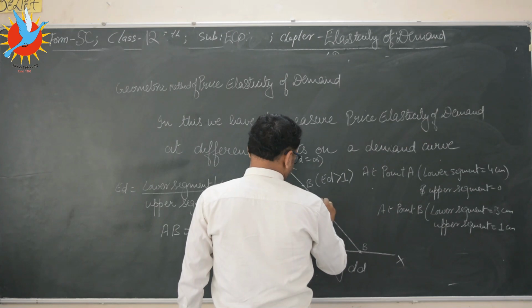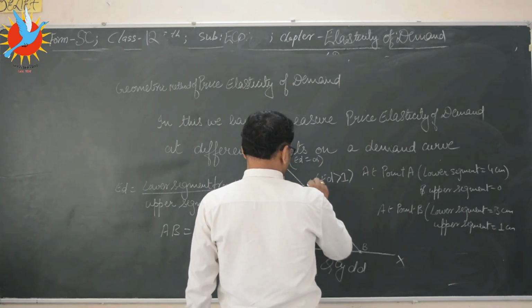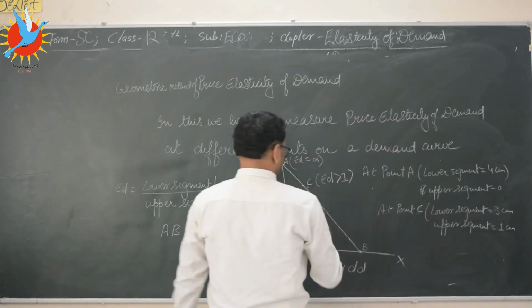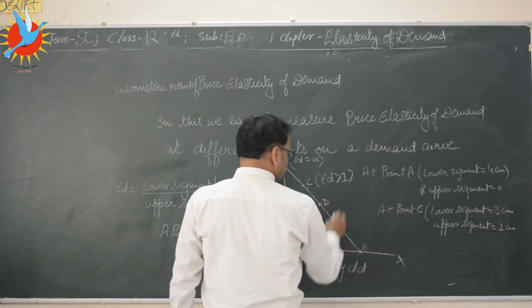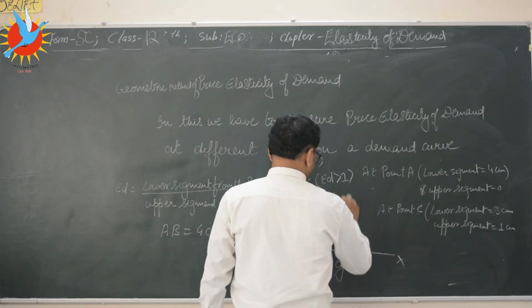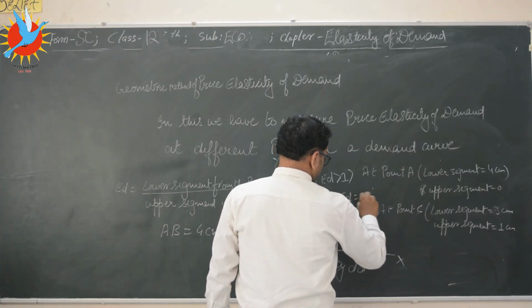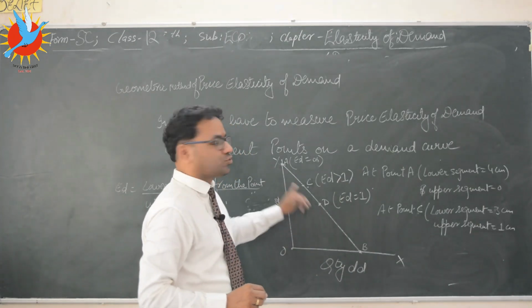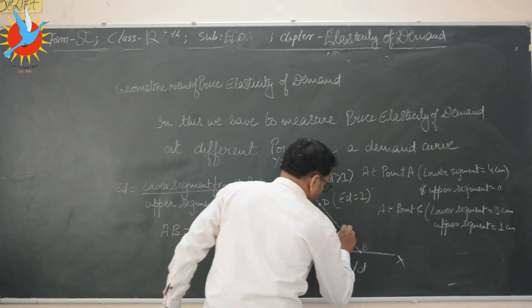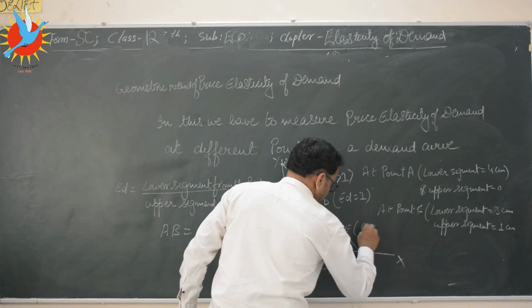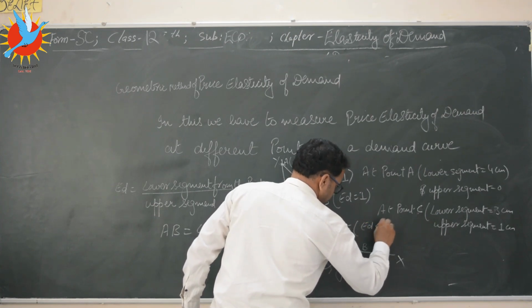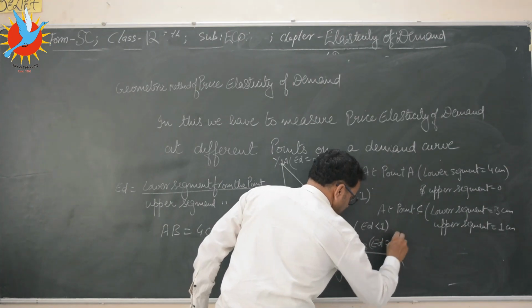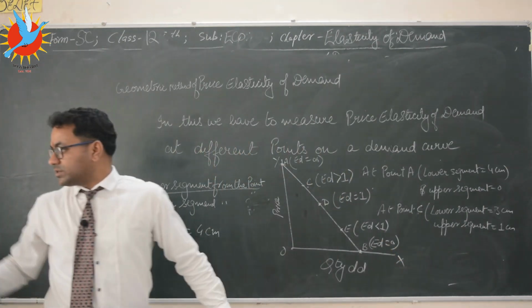At midpoint, that is, this will be C. At midpoint D, elasticity will be equal to 1 because lower segment is also 2 centimeters and upper segment is also 2 centimeters. At further point E, elasticity will be less than 1, and here the lower segment is 0, ED will be 0. These are the points given in your book.